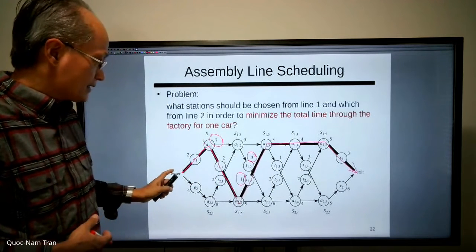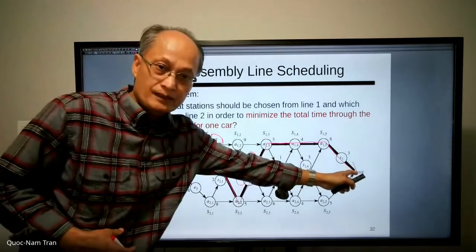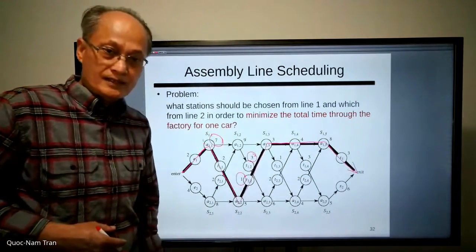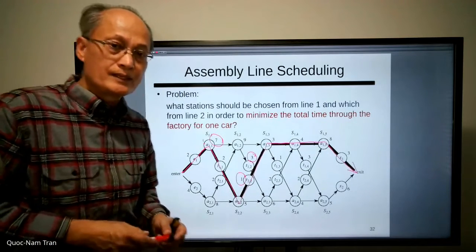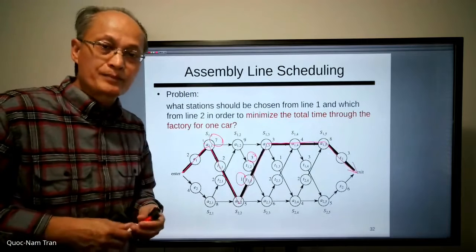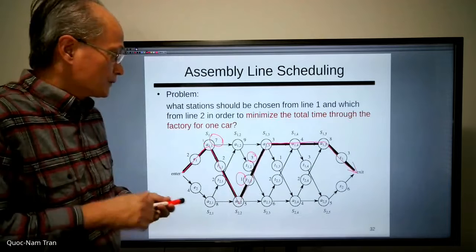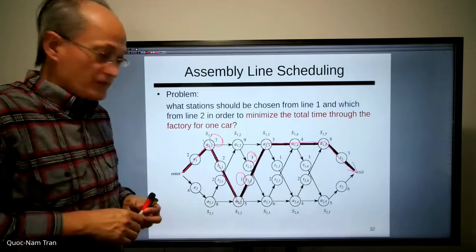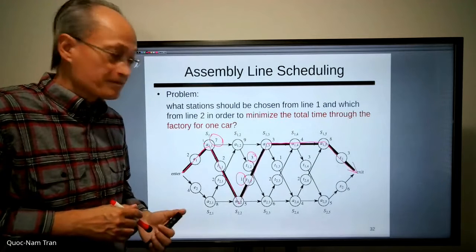But we can say what would be the shortest path from here to here, okay? That is good. Actually, this algorithm is kind of dynamic programming already. Okay, so yeah, very good option, right?